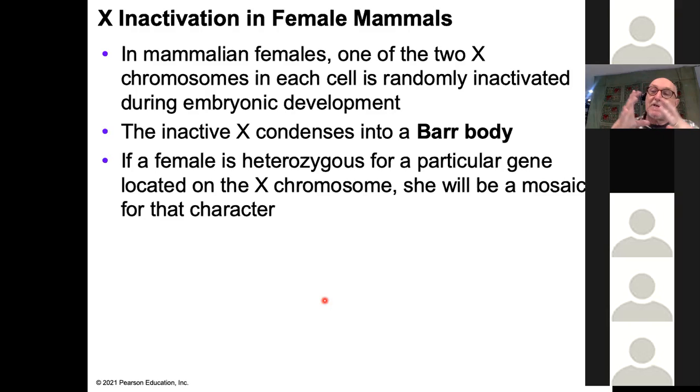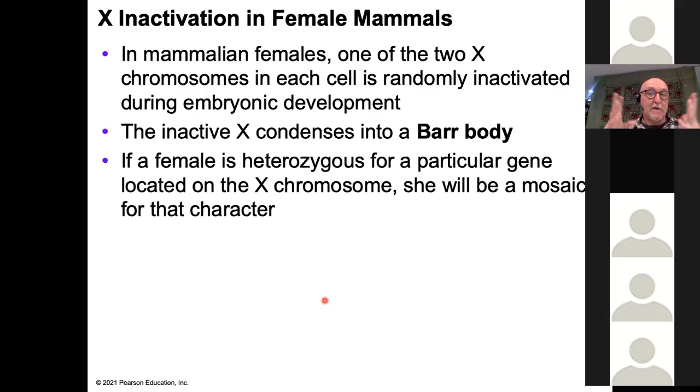After a certain number of divisions of the zygote, there's a process whereby one of the X chromosomes is silenced, and it's random. It's inactivated. It's called random X inactivation, and it's a random process.